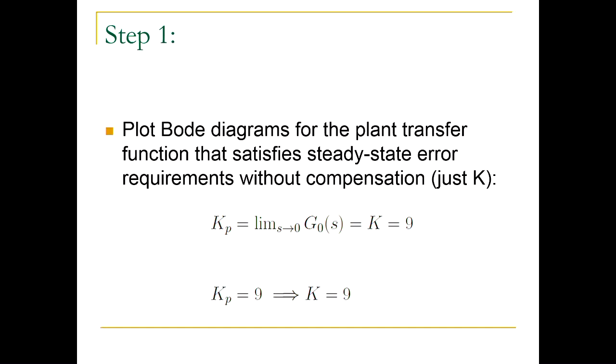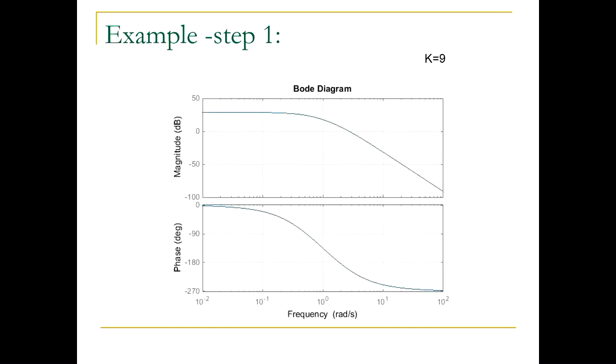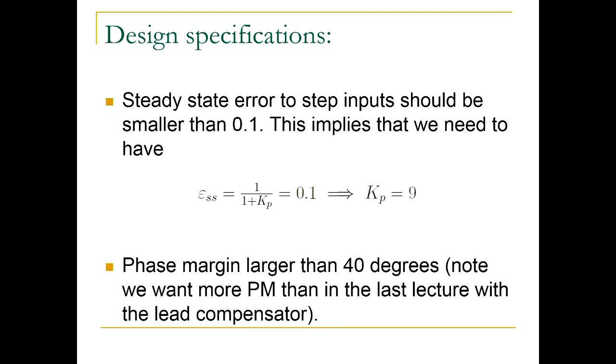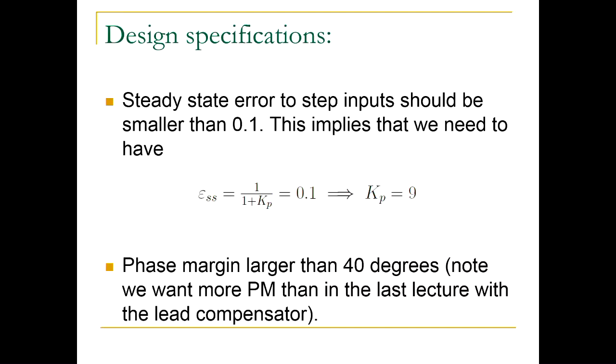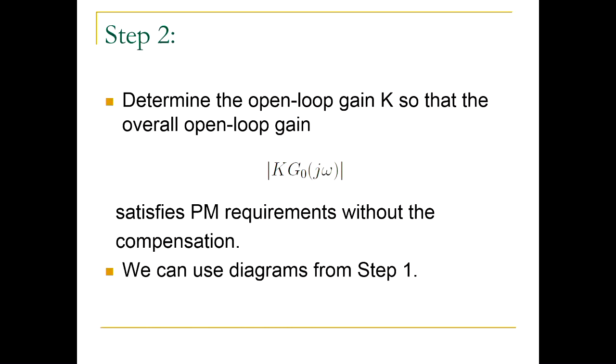So Kp equal to 9 would mean that K should be 9, right? So this is the first step, and we need to plot that. This is basically the Bode diagrams for the plant transfer function when we take K equal to 9. Why did we take K equal to 9? Because we will satisfy steady state error 0.1 to unit step inputs. That's how we chose K. And that's what's plotted here.